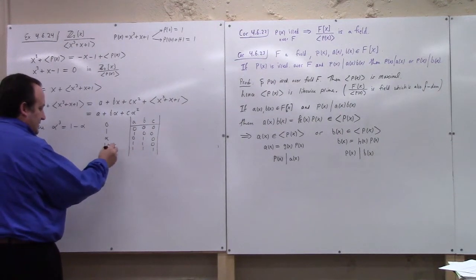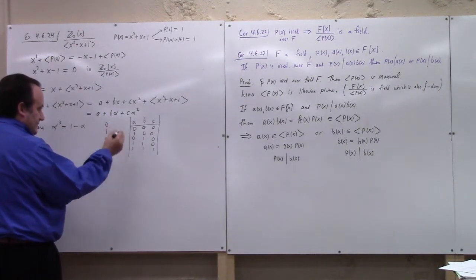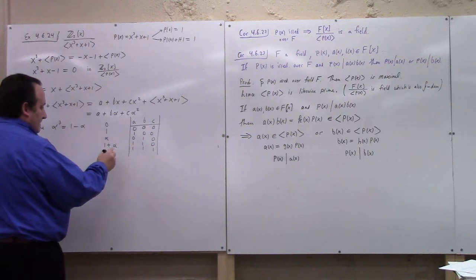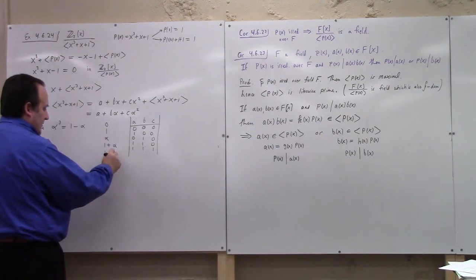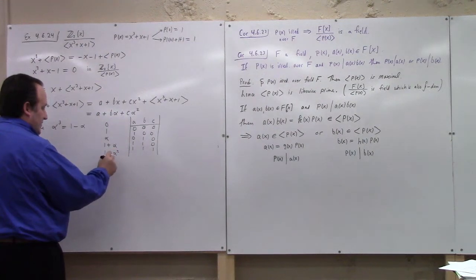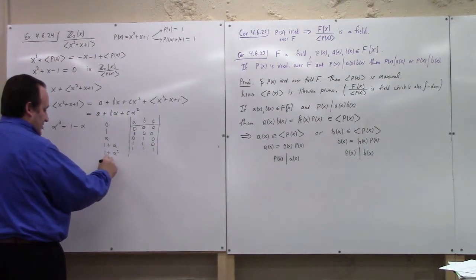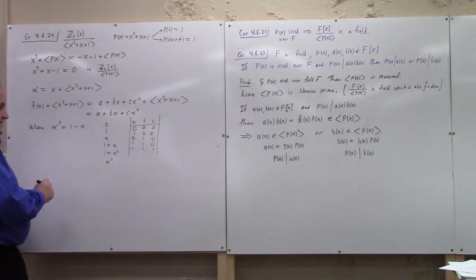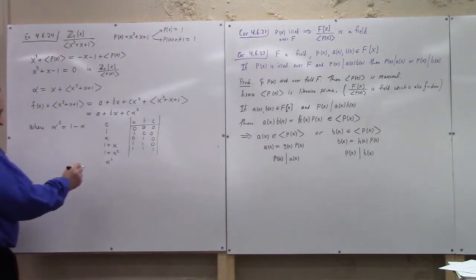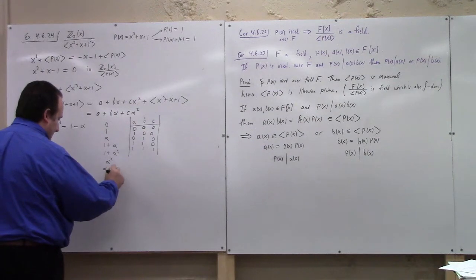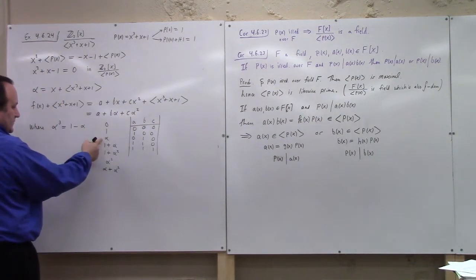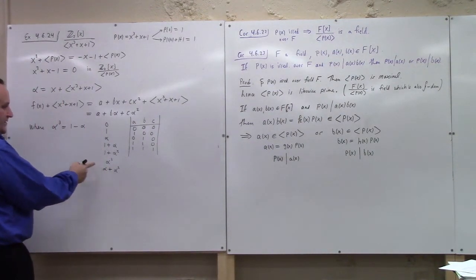You get 1 plus alpha, then 1 plus alpha squared, you've got alpha squared alone, and alpha plus alpha squared. That's 1, 2, 3, 4, 5, 6, 7. I'm missing 1.